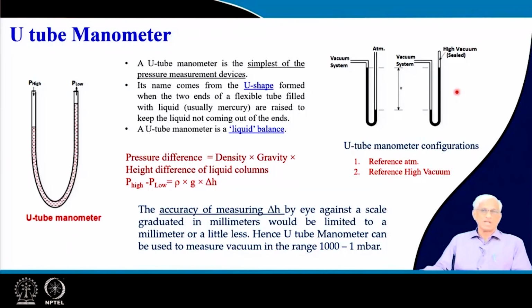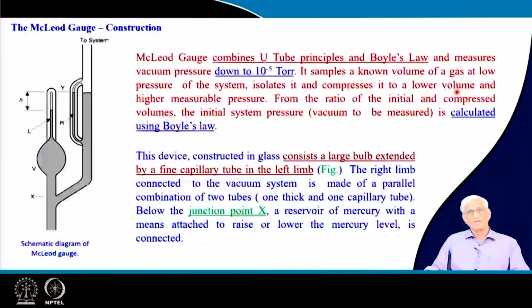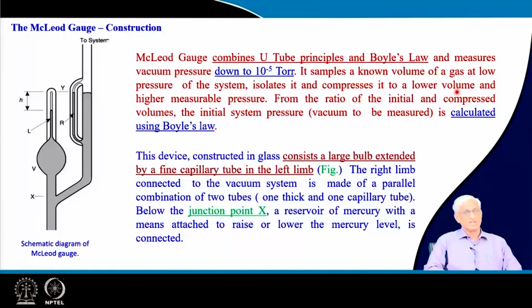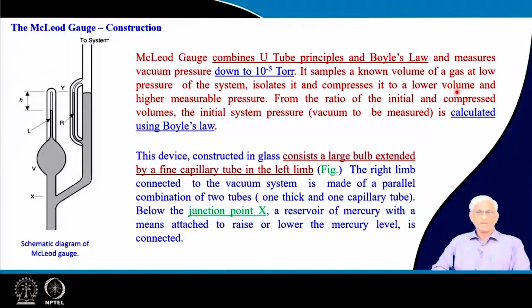But it went on for some time in history till another intelligent physicist came, and what he did is very simple, that is called the McLeod gauge. The McLeod gauge is a very, very fundamental gauge. Roughly in 1856 or so, it started from McLeod, and even today that is the primary gauge which is used to calibrate other gauges in national laboratories.